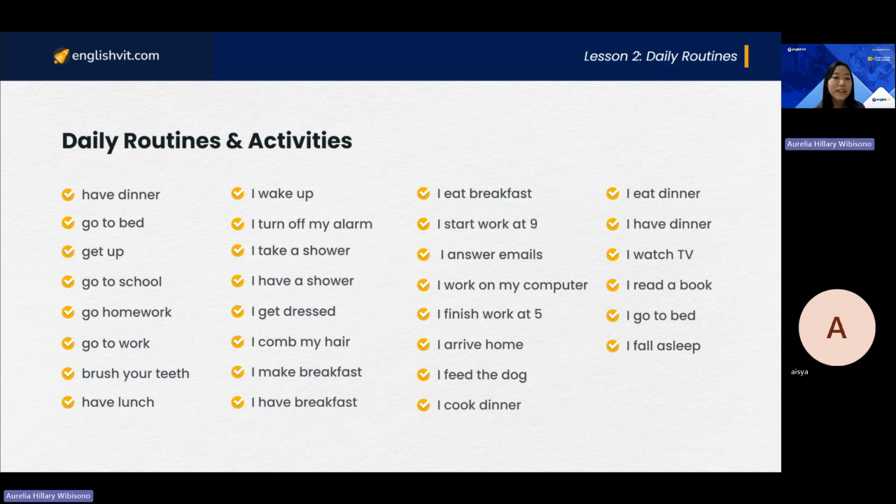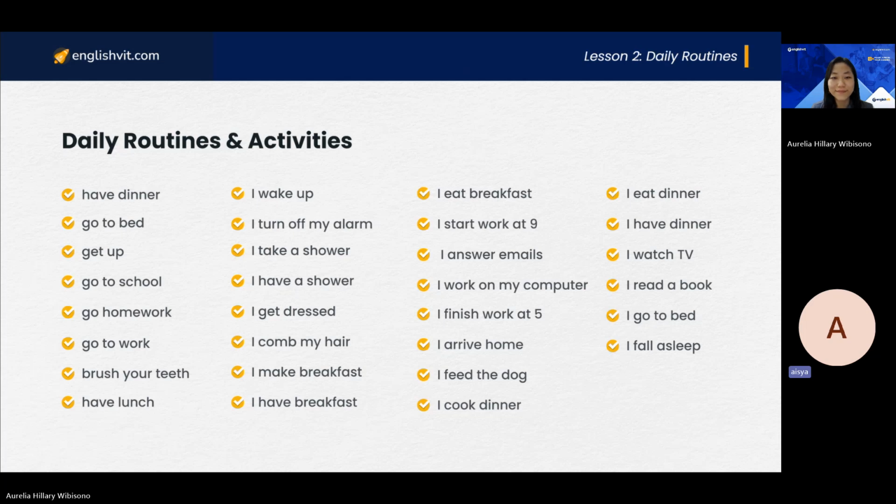Okay, that's correct. Now I want to ask you what is the difference between get up and wake up? Kalau get up, bangun dari tempat tidur.